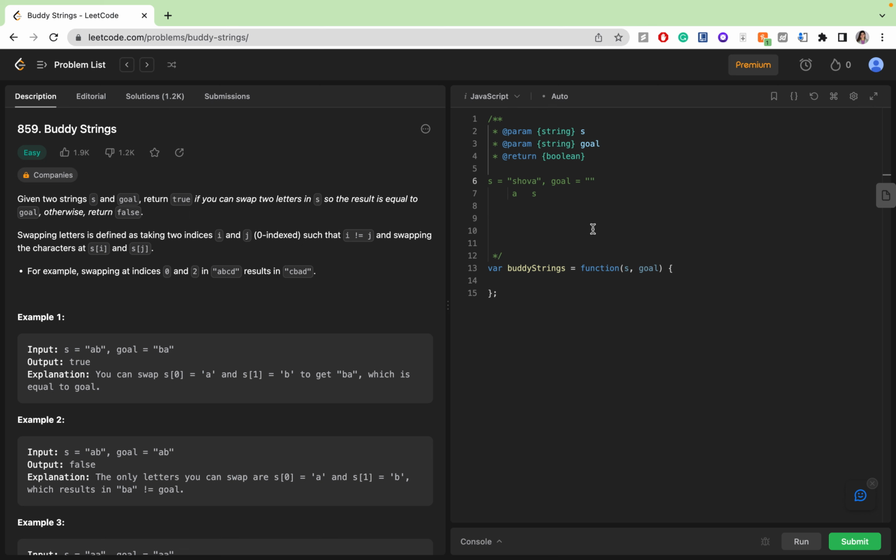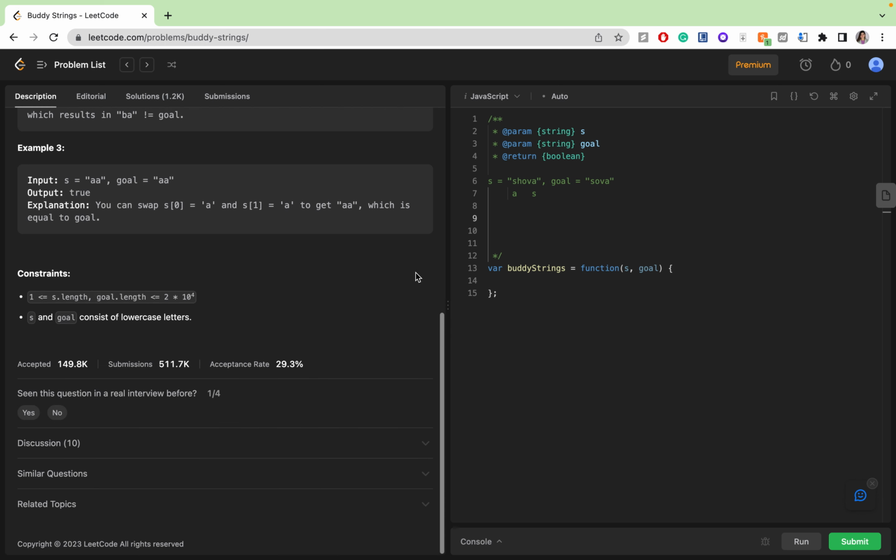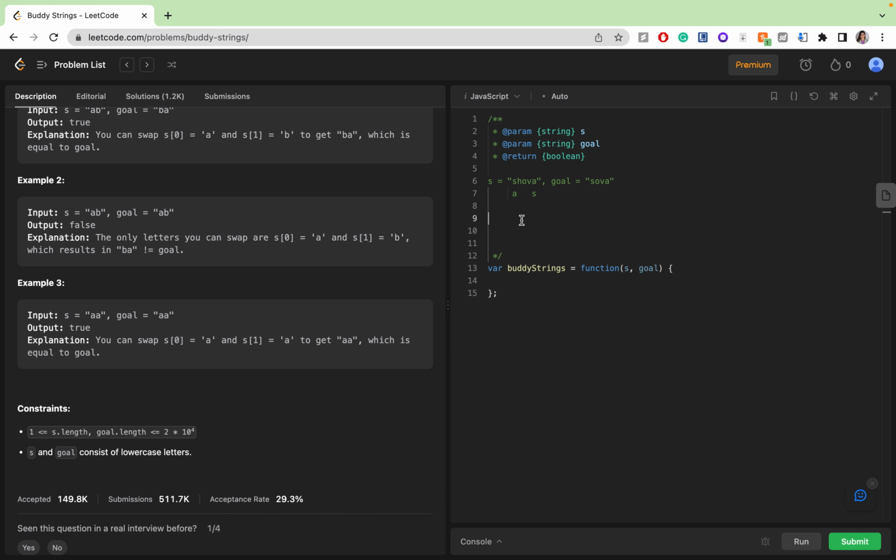Suppose the goal is sobha. Then the first condition is that if s's length is not equal to goal's length, then return false immediately, right?